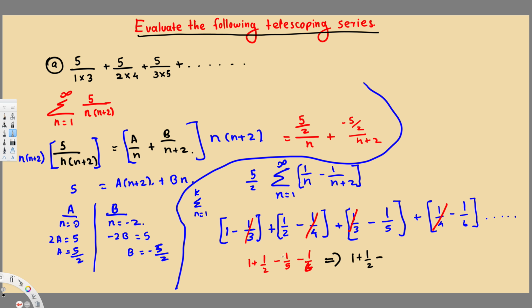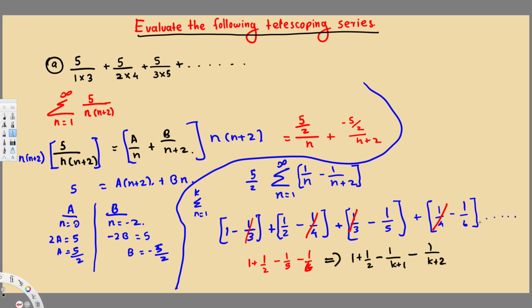If we have 4, we have 4 plus 1 in the bottom. So 1 over, if it's k, it's going to be k plus 1. Then if it's 4, it's going to be 4 plus 2 right here. So if it's k, it's going to be 1 over k plus 2. So this is the pattern.